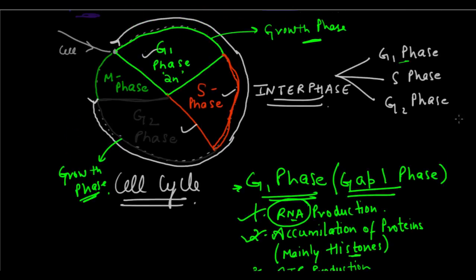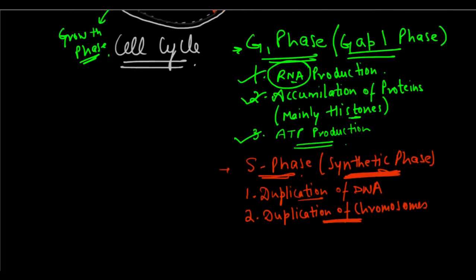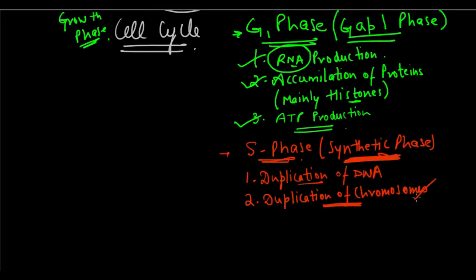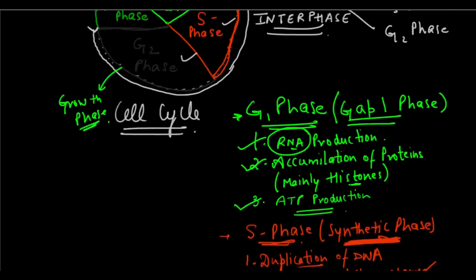Now, in this phase, we have the duplication of the DNA of the nucleus of the cell, and then the duplication of the chromosomes. Or better to say, not even duplication, we can say doubling of the chromosomes. The chromosomes get doubled in the cell.